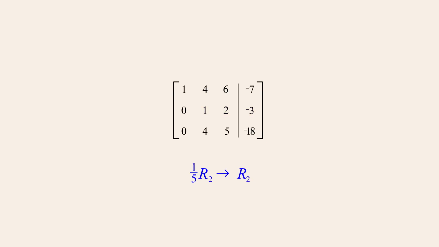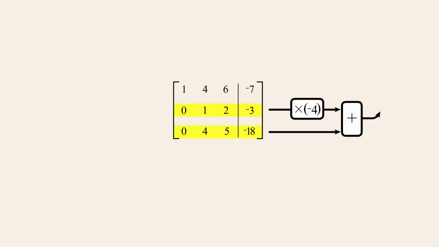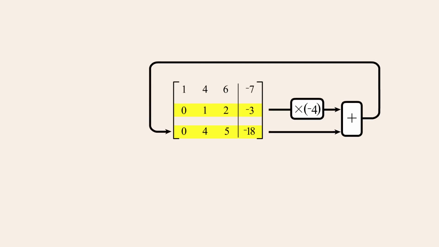Now we must change the entry below that leading entry to 0. This can be accomplished with another pivot operation, adding -4 times row 2 to row 3, replacing row 3. We notate this pivot operation by writing R3 minus 4 times R2, followed by an arrow and R3.